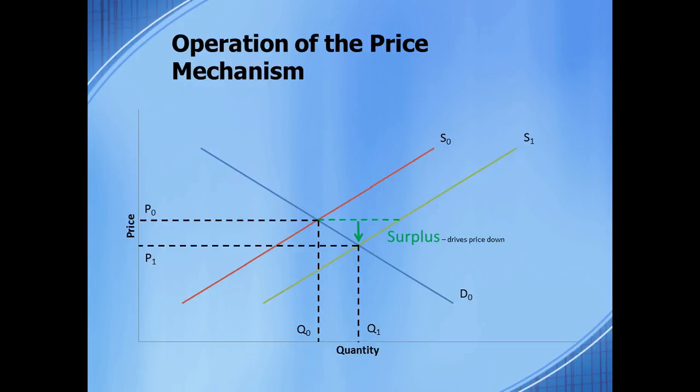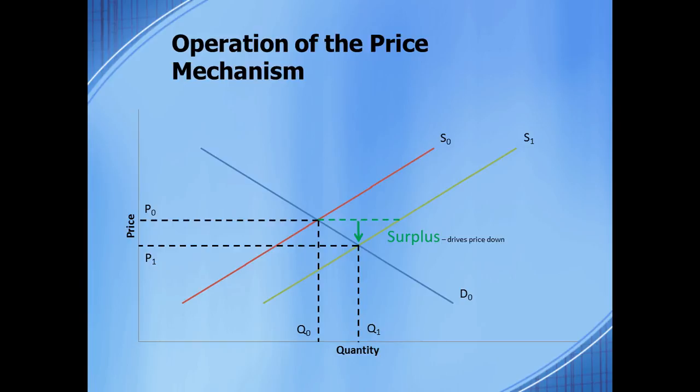Now in this case we have a surplus, so there's too much supply, and the price mechanism works in this instance to reduce the price of the product. If you remember, that has a twin effect of increasing the quantity demanded by consumers and cooling some of the supply by the suppliers.